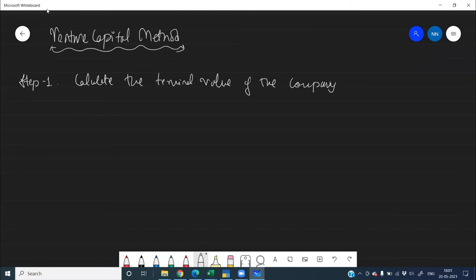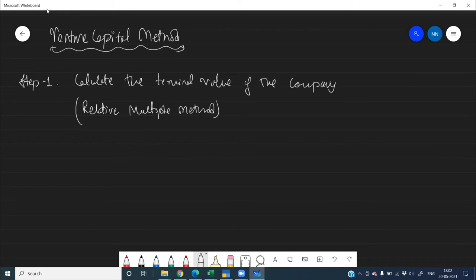So here, how do they calculate the terminal value of the company? Because it's a startup, it's a pre-revenue kind of environment. There is no growth rate and all those things mentioned. So how do they calculate? They calculate using relative multiple method.